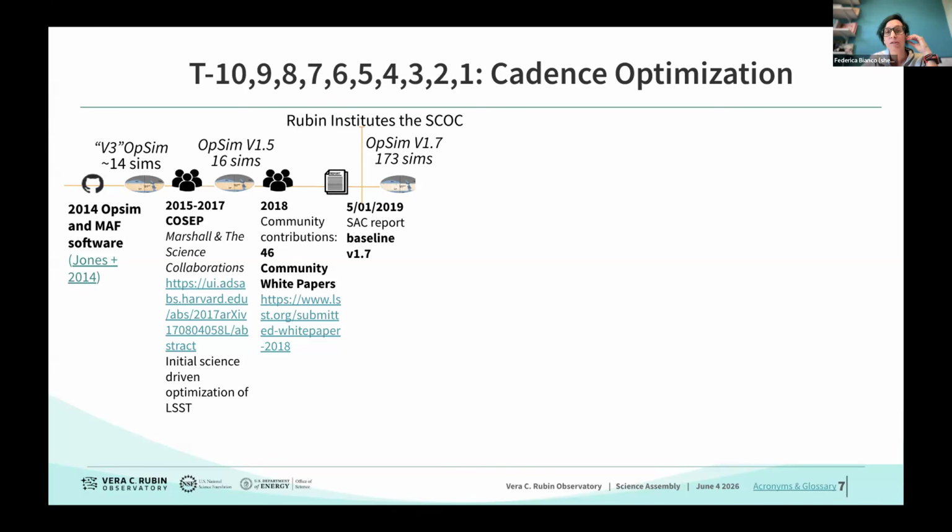And we instituted the Survey Cadence Optimization Committee. That's the first riddle that I asked you earlier, the SCOC, Survey Cadence Optimization Committee, which I now chair. It's a community committee that is tasked with soliciting, collecting, and aggregating the input from the science community about the survey strategy's performance, and designing optimal survey strategies in a science-driven fashion.